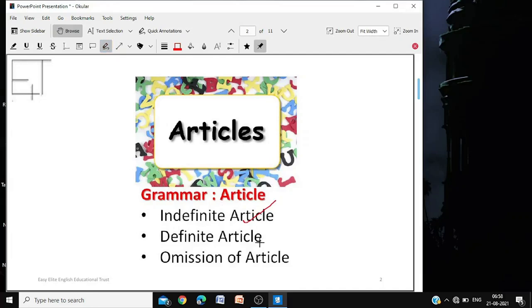Definite article, the sun, the moon. And an omission of article, when we say man is mortal. So a noun could be preceded by indefinite article, a or an, definite article, and sometimes no article.